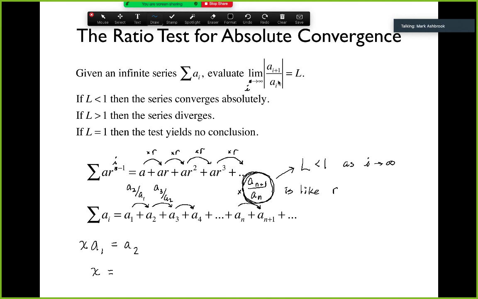And if those ratios are converging on a value greater than 1, then it's becoming like a geometric sequence with r greater than 1, and will diverge. Does it make sense? So the ratio test is testing to see if your sequence is becoming like a geometric sequence where either r is less than 1 or r is greater than 1. And if it's equal to 1, there's no conclusion. We need a different test.